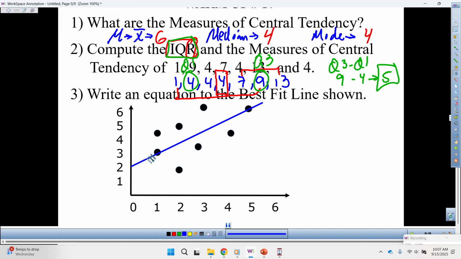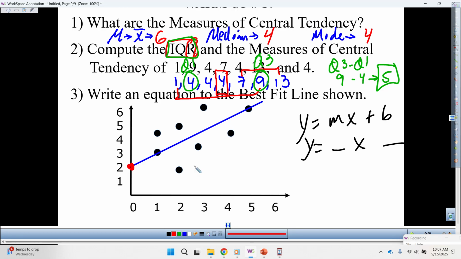Best fit line has to go at least through 2 points if possible, and have at least some points on top and some points below that is pretty even. So 3 above, 3 below, there it is. So I start off with y equals mx plus b. Y equals blank x blank. And then I start with my y-intercept. Where does it intercept the y?